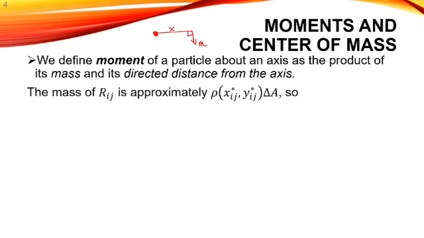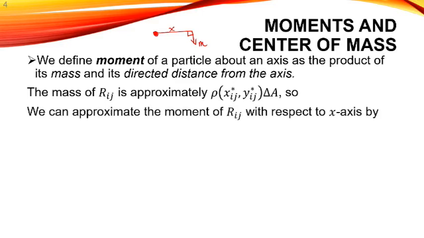So the mass of the subrectangular region R sub ij is approximately the product of the density function times the increment of the area. So we can approximate the moment of R sub ij with respect to the x-axis by multiplying the mass, which is approximately equal to this, times the directed distance, which is the measured distance of that mass, to the x-axis, which is the distance y.